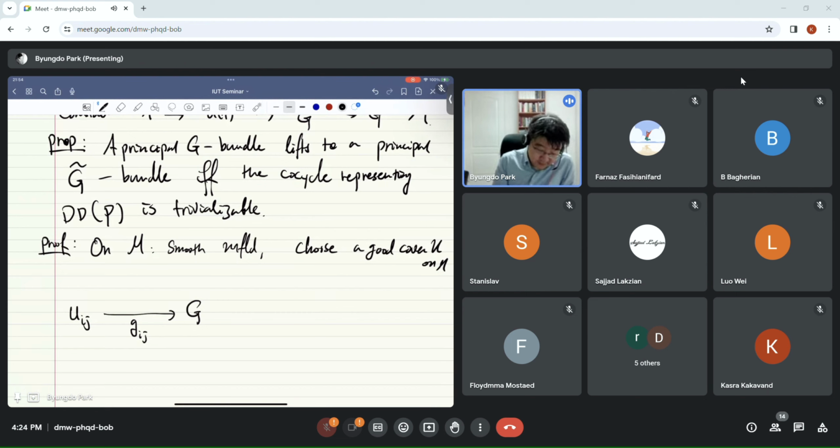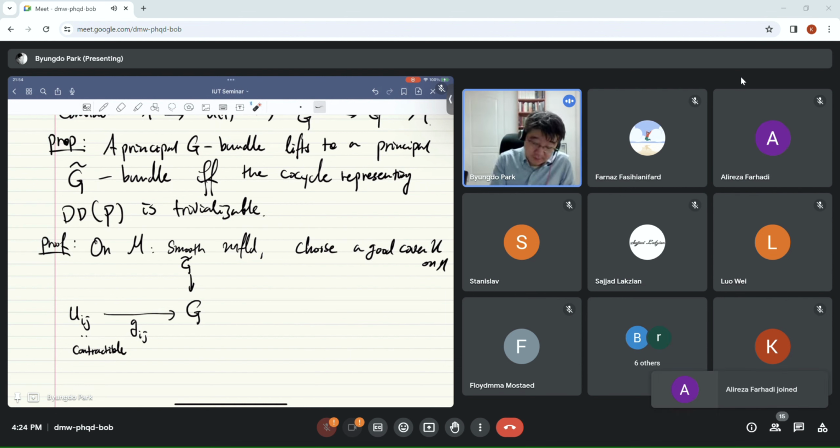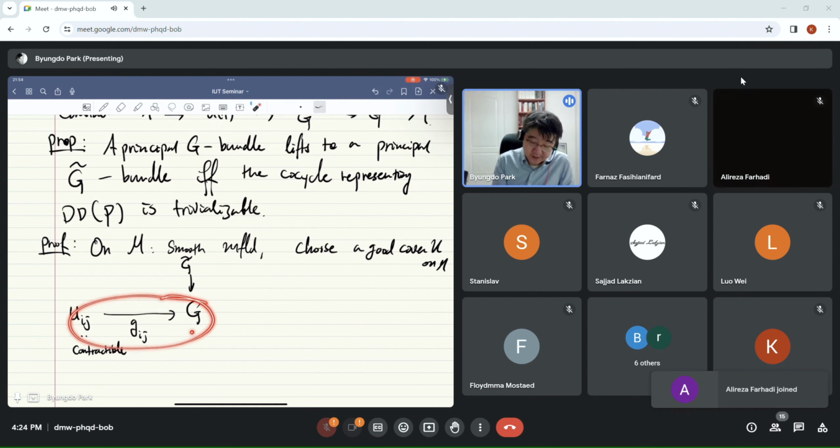So we have this transition map on double intersection. Then this is a part of this sequence. So we have this projection map, and note that this is contractible. So there must be a homotopy from this to a constant map. Those two should be homotopic.